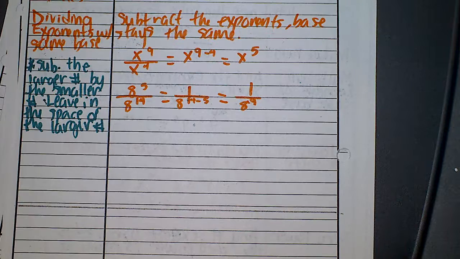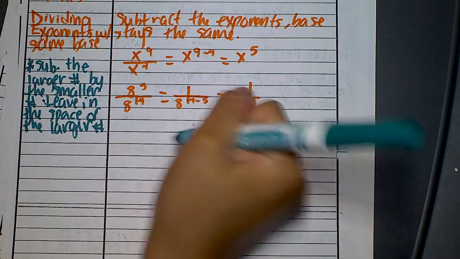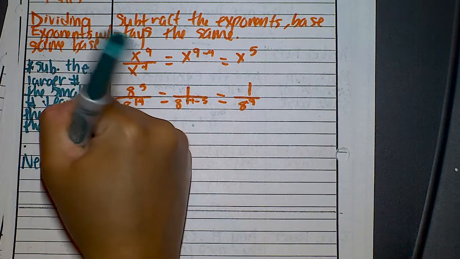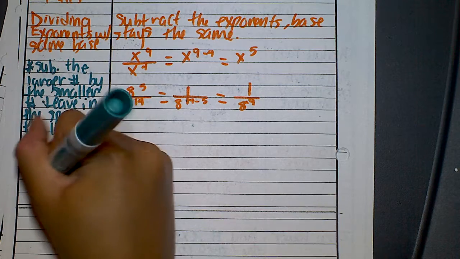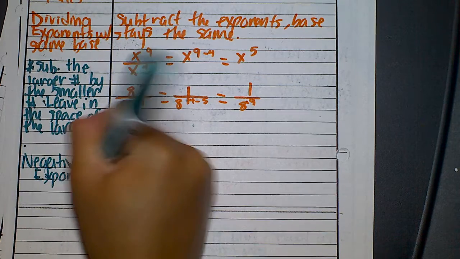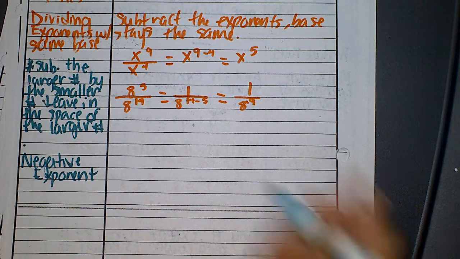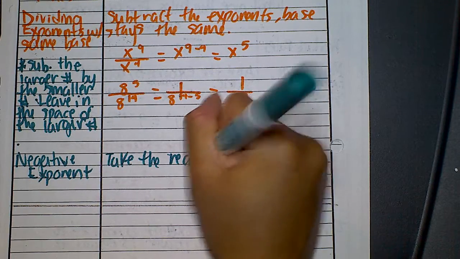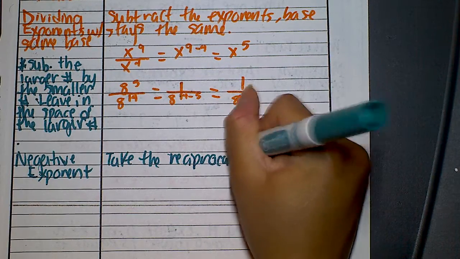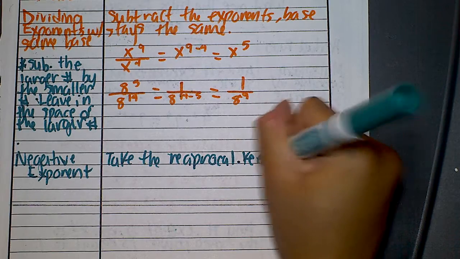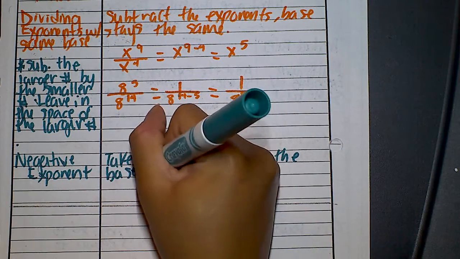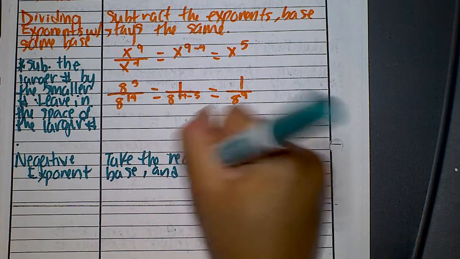So next we're going to talk about negative exponents. So this is a negative exponent. And with negative exponents, you take the reciprocal, keep the base, and make the exponent positive.